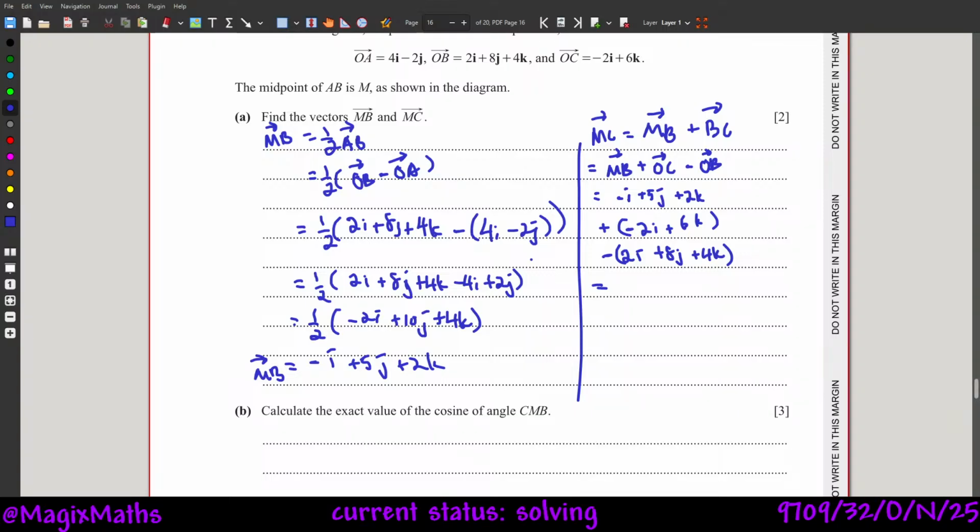So we have negative 1, minus 2, minus 2, negative 5i. And j, negative 3j. And 2 plus 2, 8 minus 4 is 4k.